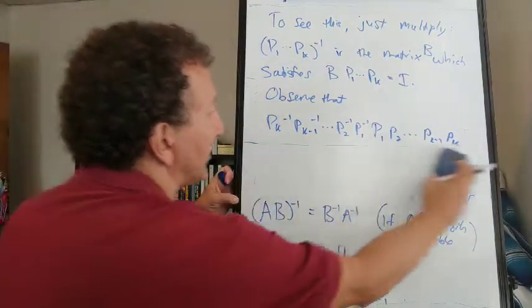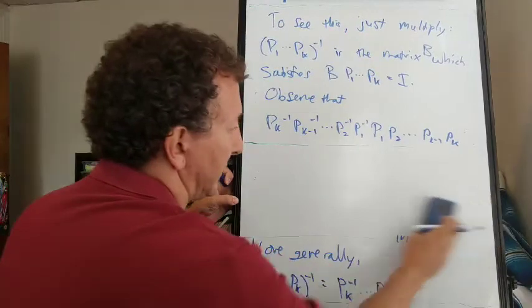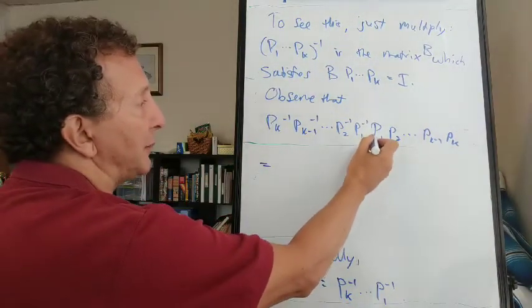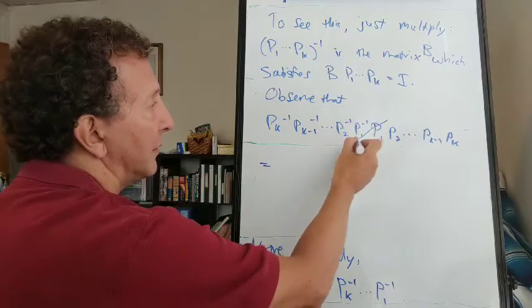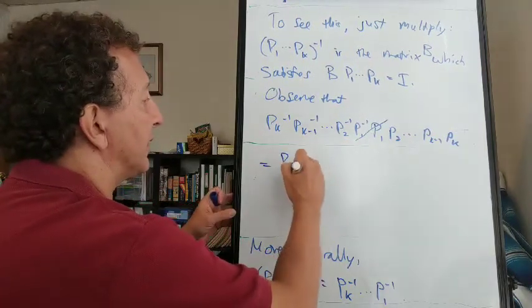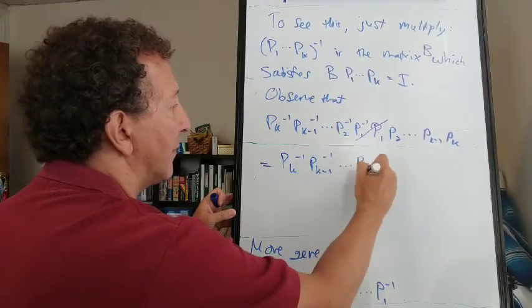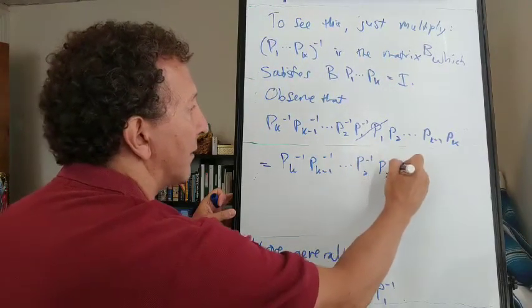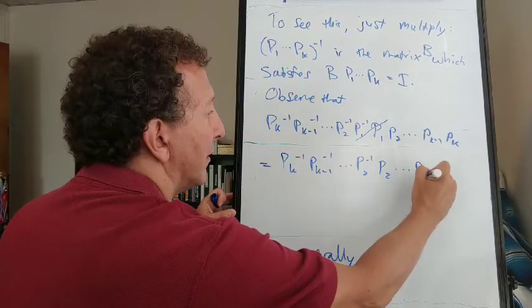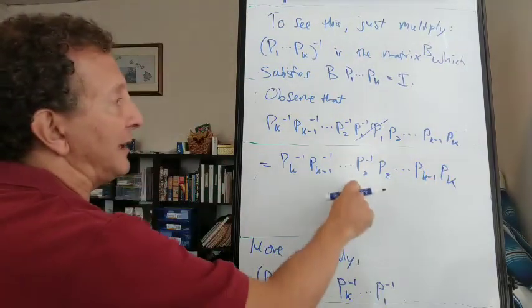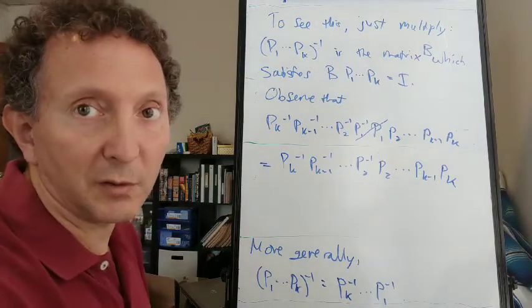So when we multiply those together, what do we get? Well, the P1 inverse and the P1 cancel, and that gives us the same product without the P1s in the middle. And now P2 inverse and P2 are next to each other, and those cancel.